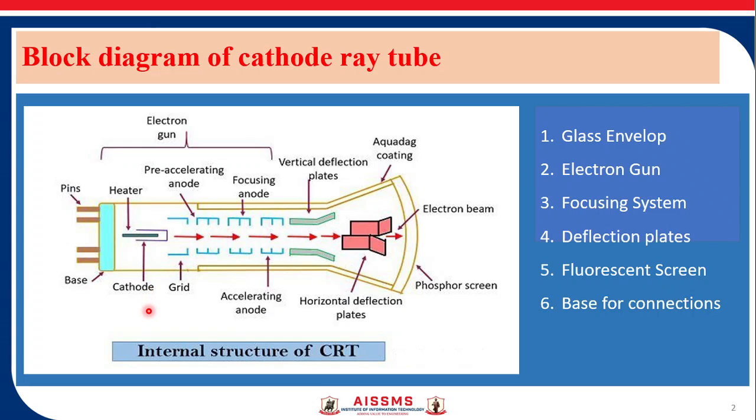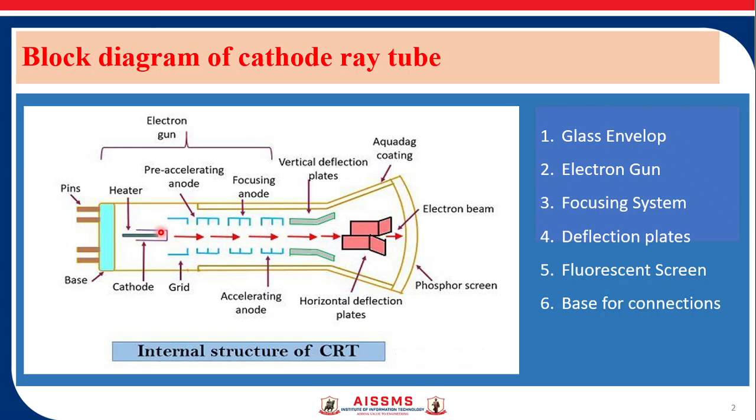Now next part is electron gun. The electron gun is the originator of focused accelerated electron beam. Such electron gun consists of a heater, cathode, control grid, pre-accelerating anode, focusing anode, and accelerating anode. Such an electron gun emits electrons and forms them into a beam.